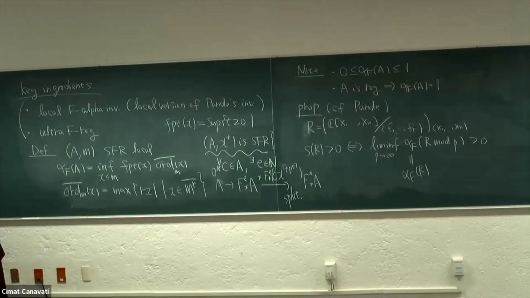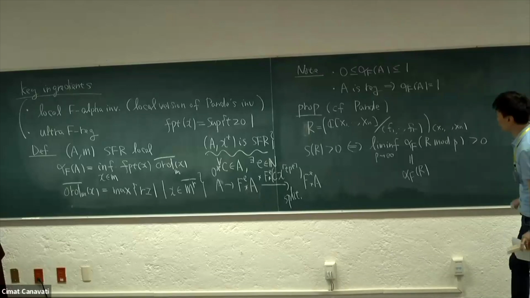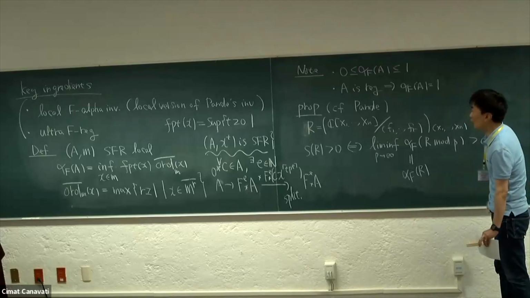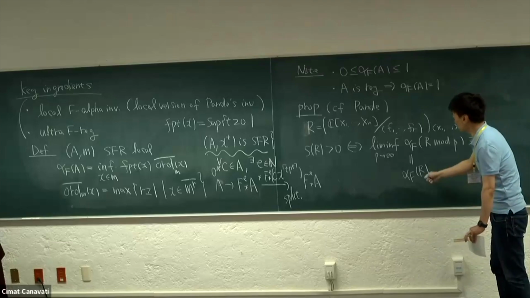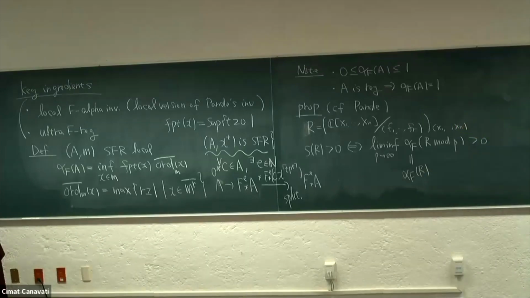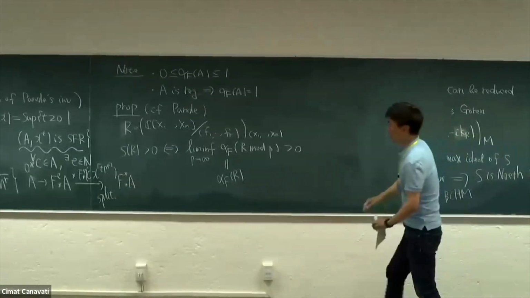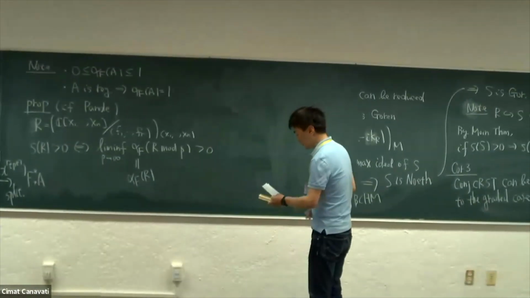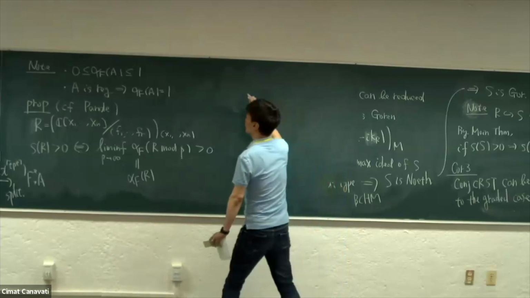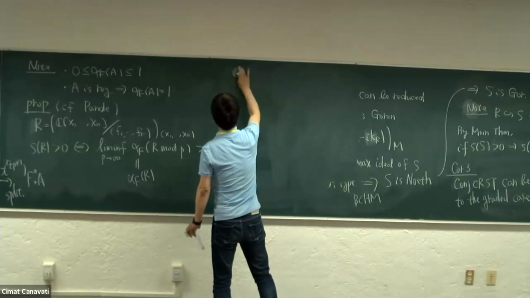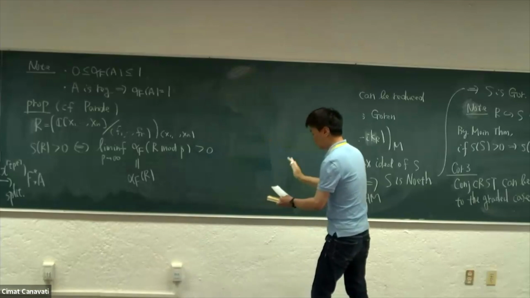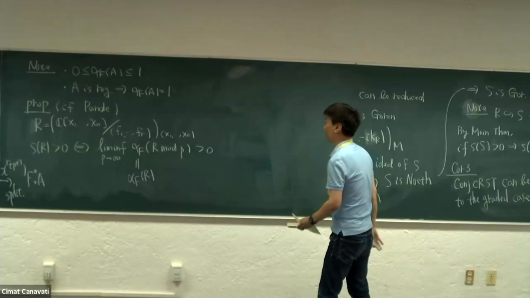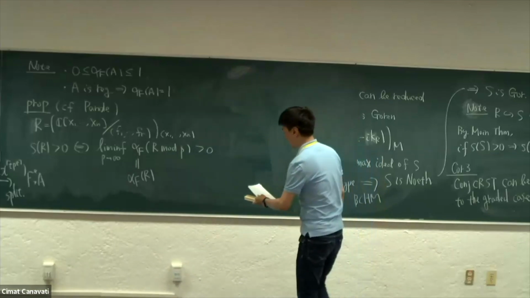So the problem is reduced to proving this local F alpha invariant is uniformly positive. And then, in order to prove positivity of this, we use ultra regularity. Okay, now I introduce ultra regularity, but in order to introduce it, I have to explain a little bit about the ultra product.